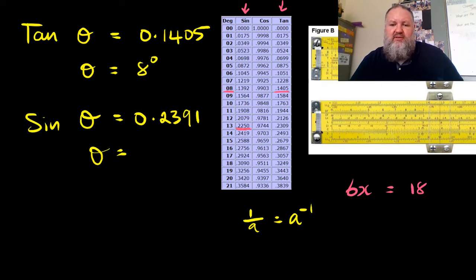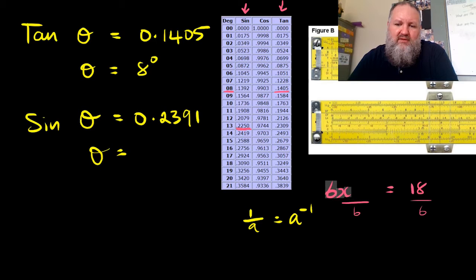Well, what I would actually do is I would divide by 6, right? Now, when I'm dividing by 6 over here, and I divide by 6 over here, what I'm really doing is multiplying. This 6x really is being multiplied by 1 over 6, right?